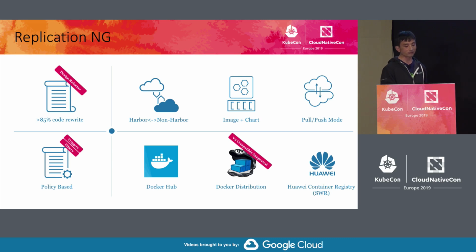The first one is, besides replicating the image content between Harbor and Harbor, now we can support replicating content between Harbor and non-Harbor registries. And in the previous version, we only supported replicating images. Now, with this refactoring, we can support replicating both images and charts.